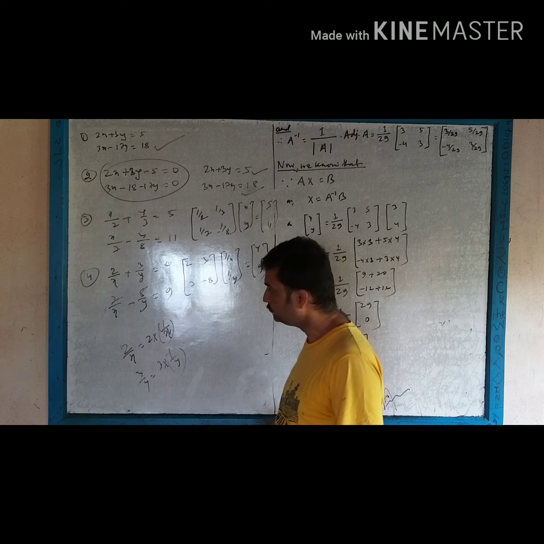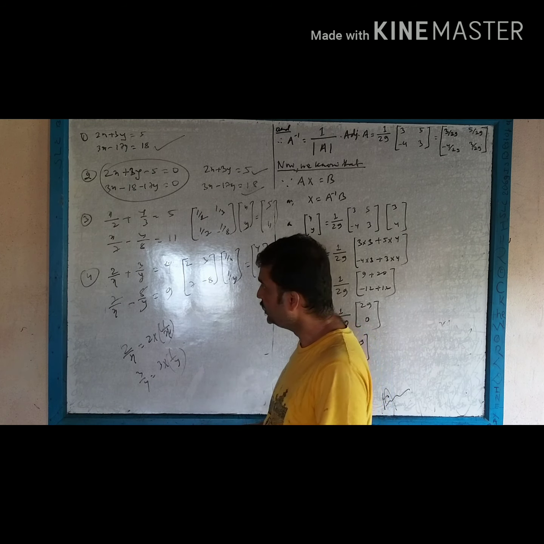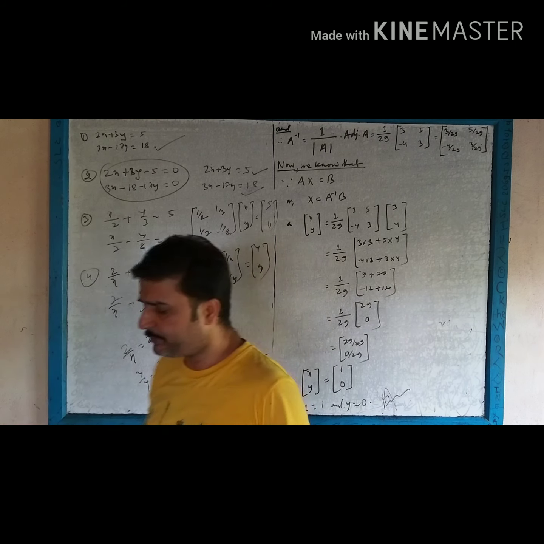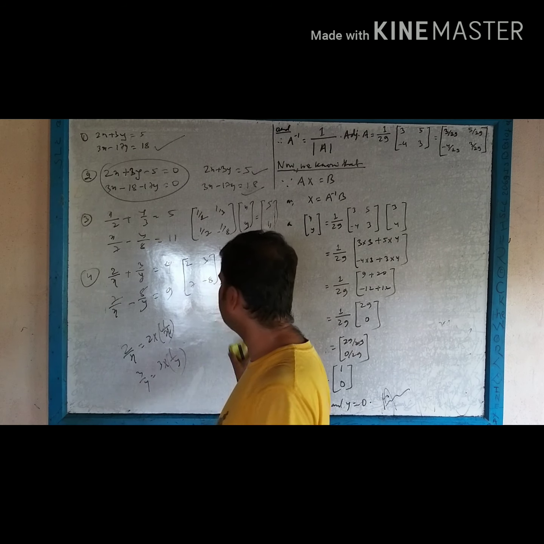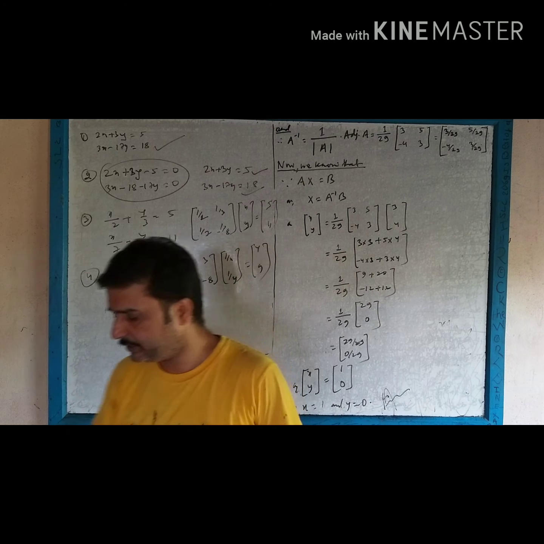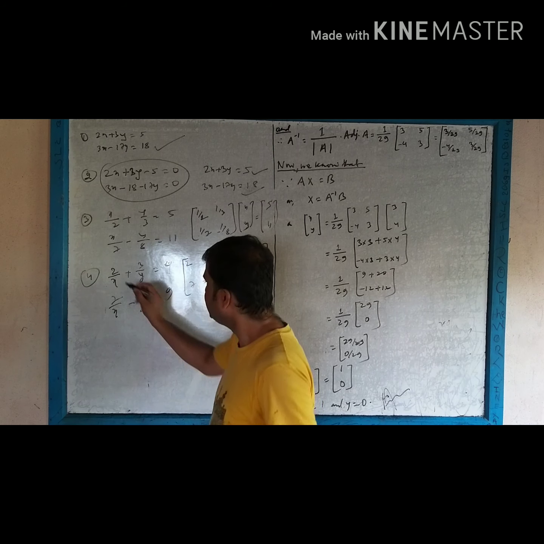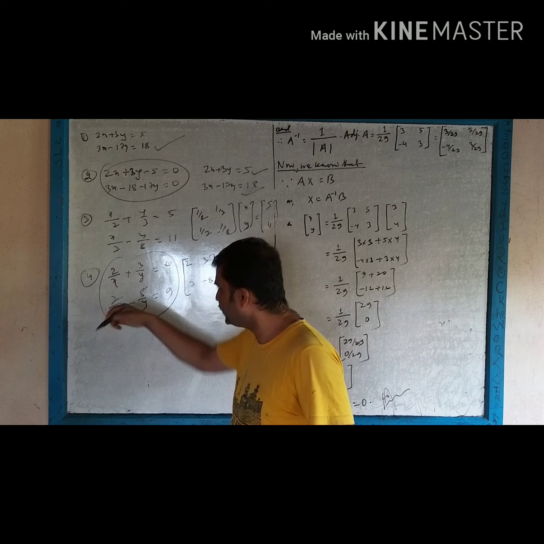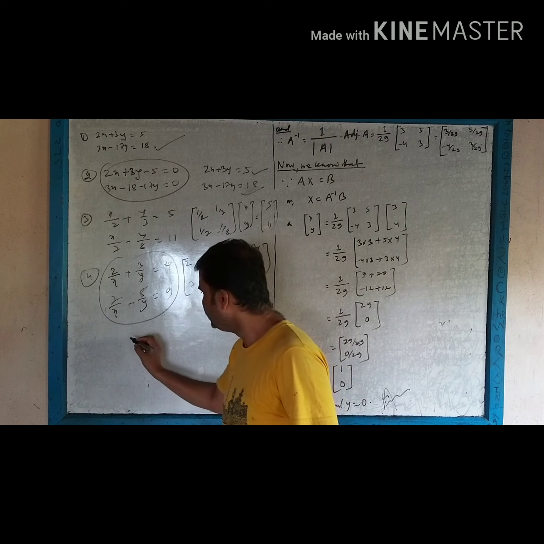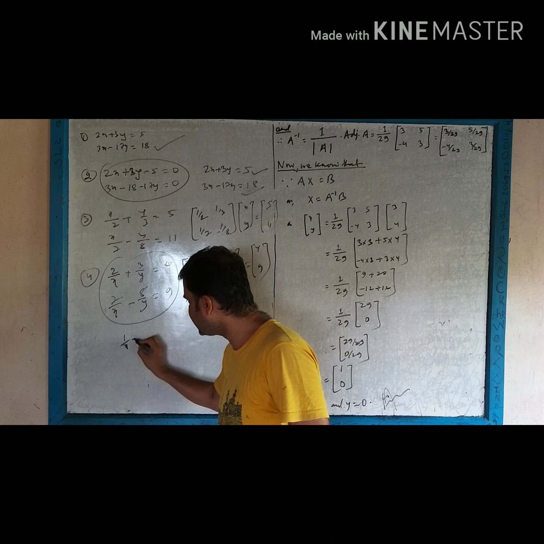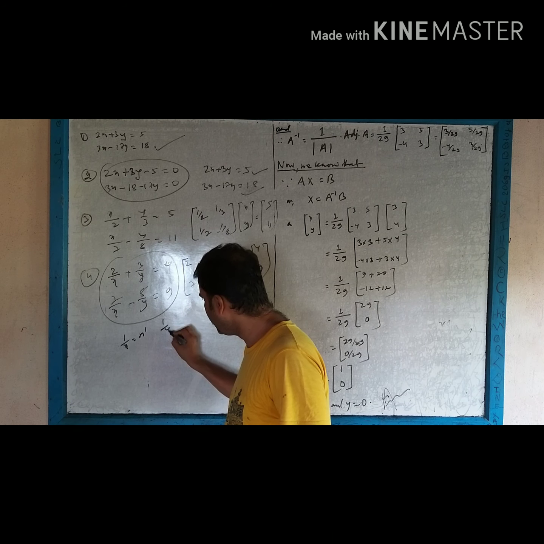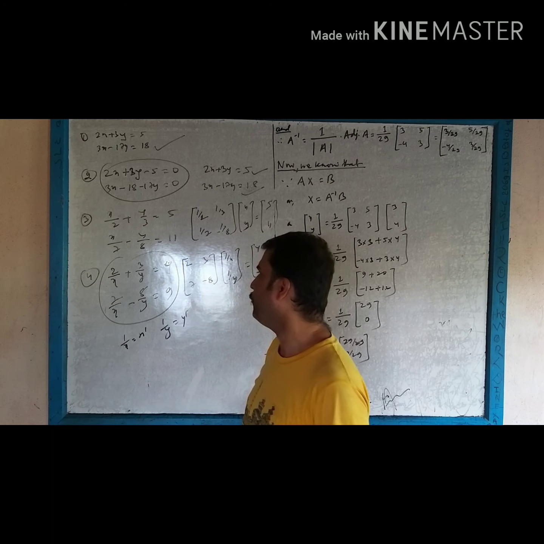If you don't want to do it this way, then you can assume it and make it simpler, and at the last you put the value and get the answer. Here I am explaining it. I can convert these equations into another form: assume 1 by x as x dash and 1 by y as y dash.